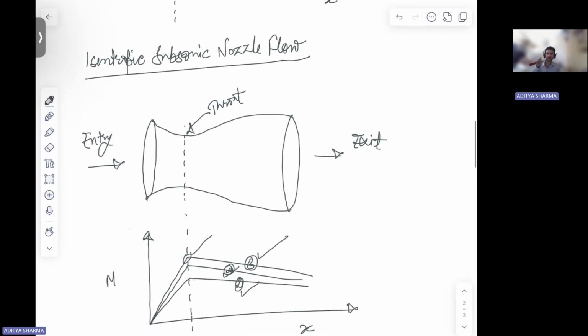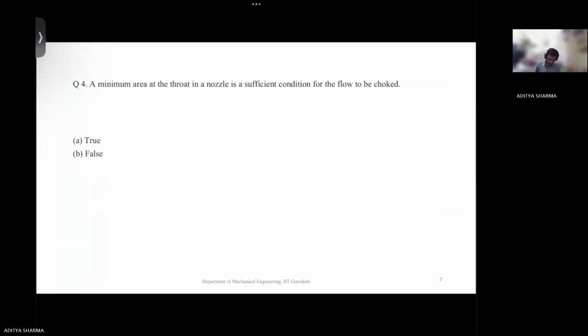Just by having a throat in a nozzle, you're not going to get your nozzle choked. You need to have some minimum pressure at the exit. So this is a false statement.